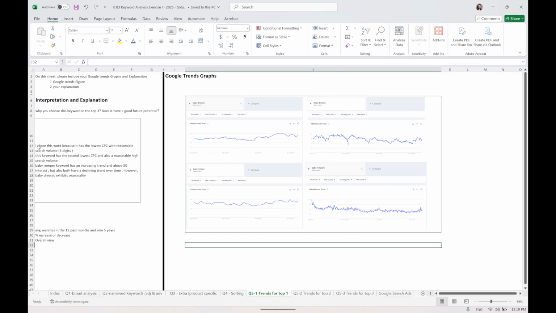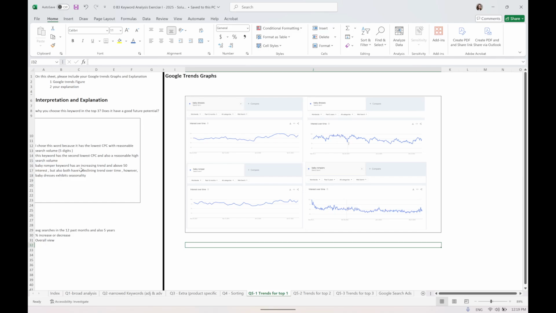I chose these keywords, baby dresses and baby romper, because this one has the lowest CPC with reasonable search volume, 5 digits. This keyword has the second lowest CPC and also a reasonably high search volume.